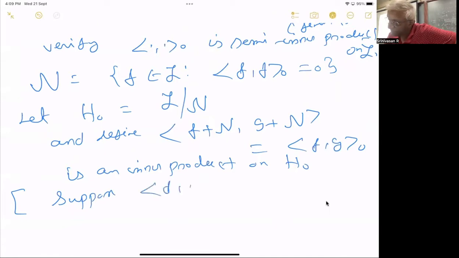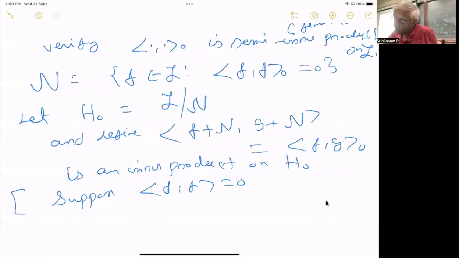N is the kernel of the semi-inner product. That is, the inner product of f with f is 0. All those elements which give 0 form N.